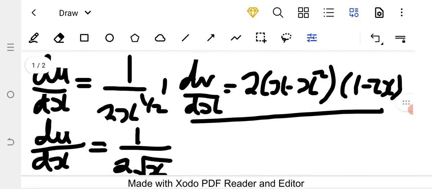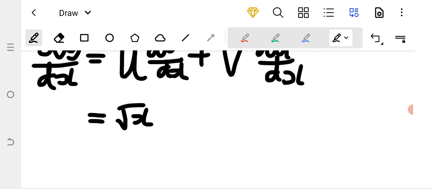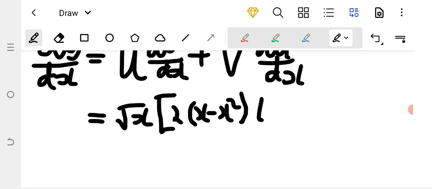So what we have there is, let me write this in a square bracket, 2 multiplied by x minus x squared multiplied by 1. So multiplied by what? 1. Let me write that like this, 1 minus 2x. We can close the square bracket.